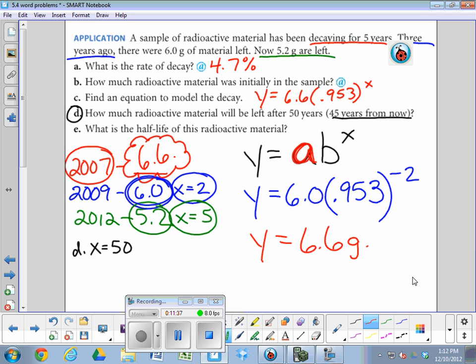And E, what is the half-life of this radioactive material? That means how long will it take to cut in half? So we're going to do both of these problems using our graph on our graphing calculator. So I'm going to pause the video, and you should too, if you're watching from home, and then watch the answers.